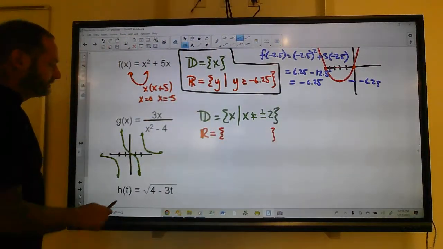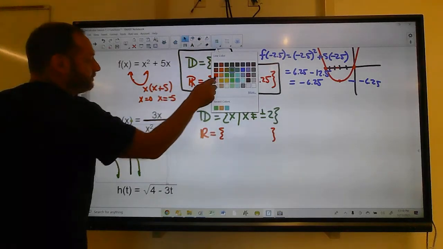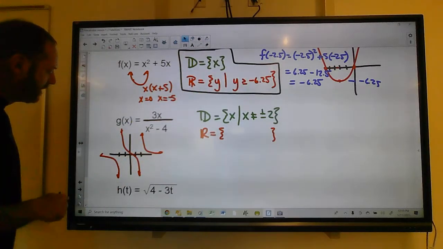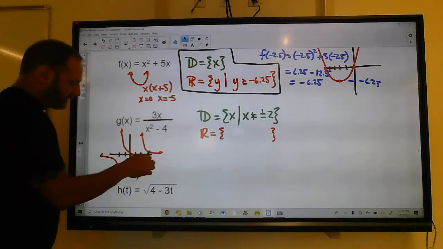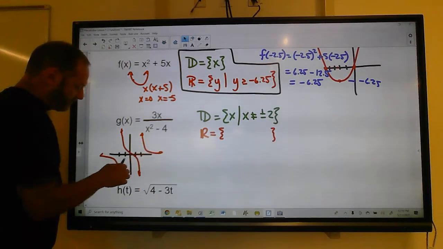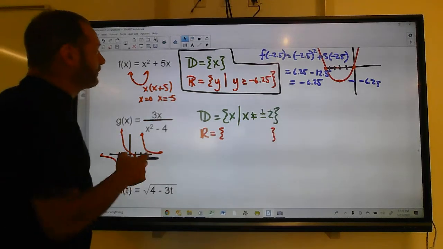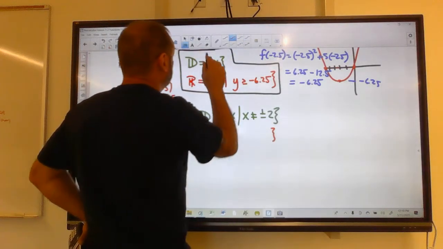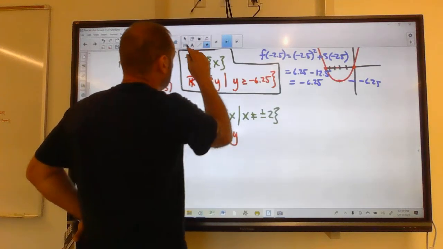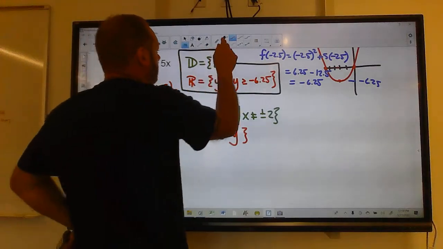The range, there we go, that's better. The range, just this part, is all real numbers. I've got all the positive numbers over here, I got all the negative numbers down here. The only thing I'm missing is 0, but there's a 0 right there. So the range is all the y's. Okay, so there's my domain and range.